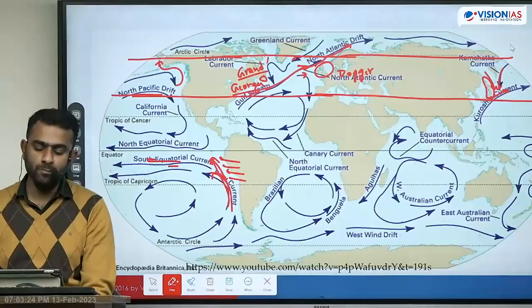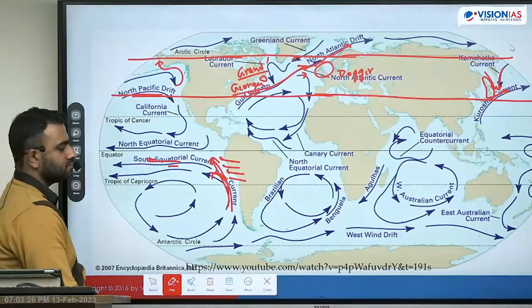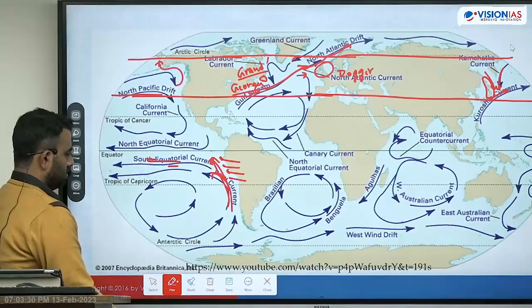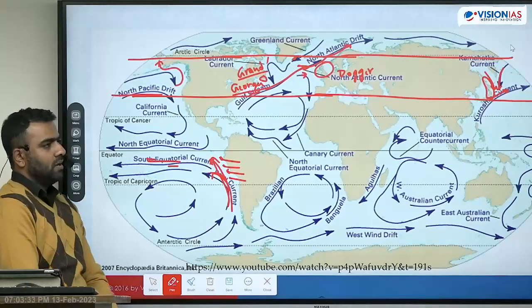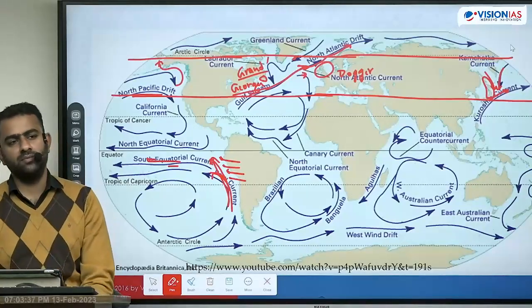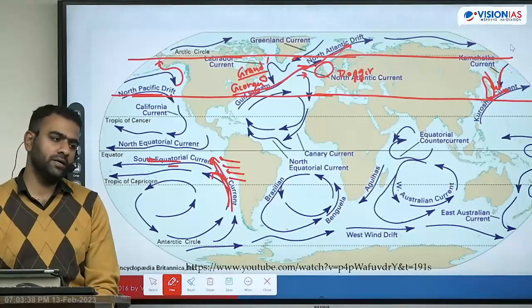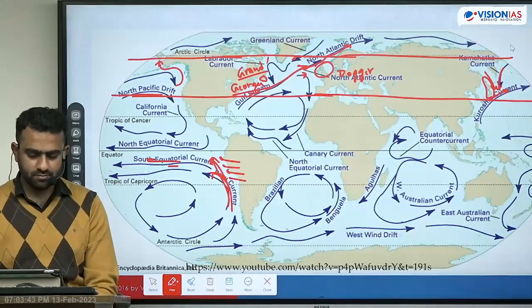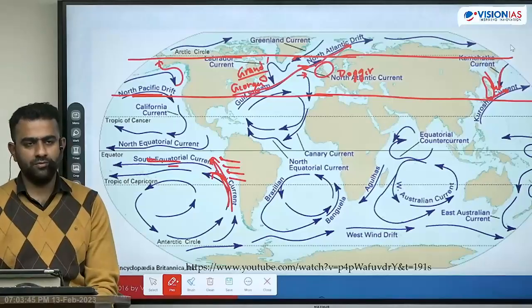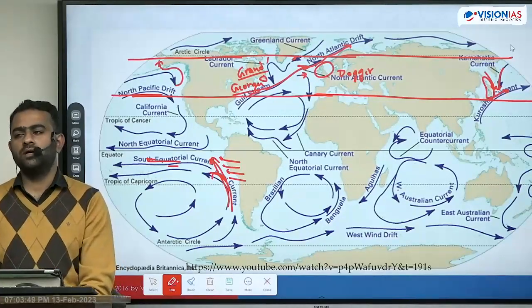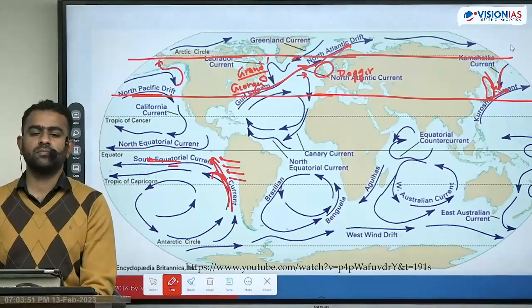Example, Humboldt current along the coast of Peru and Chile.